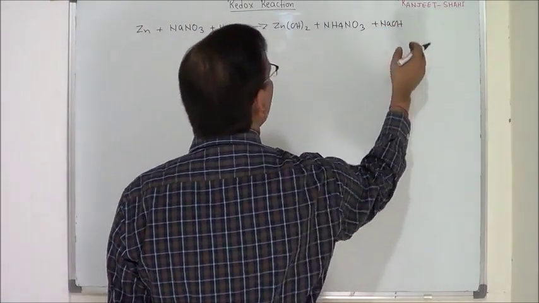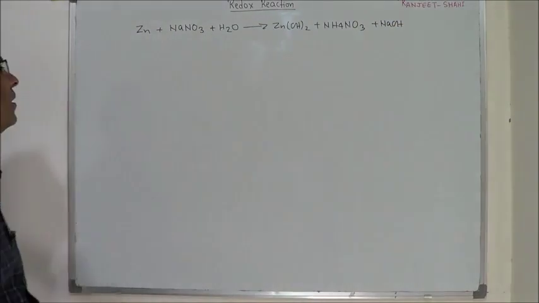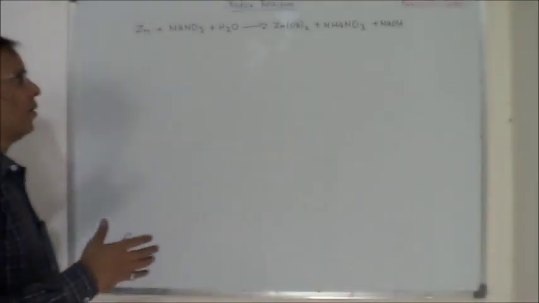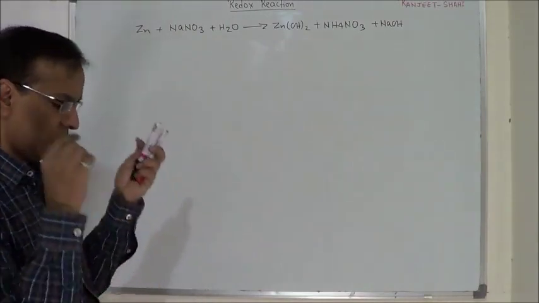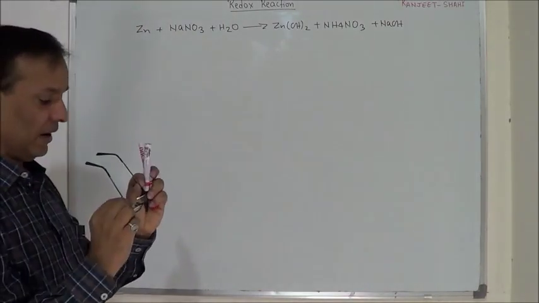Once again, NaOH is coming on the right side, but doesn't matter. Medium can be on any side. Why is NaOH coming on right side? Here we have NaNO3, so sodium will be balanced by using NaOH on the right side.